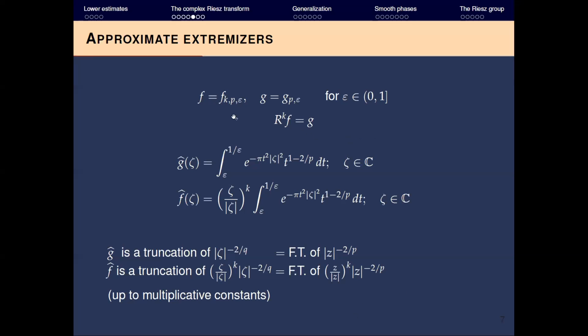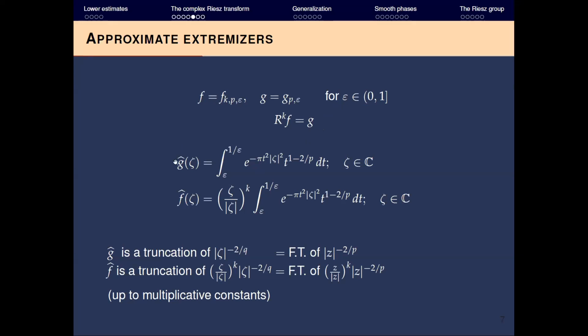So we're plugging in 2 functions, but we want to make sure that actually R_k applied to the first function equals the second one. The functions will depend on quite a few parameters. At least the first function will depend on the exponent k. They both depend on p, and they will also depend on a certain truncation parameter epsilon.